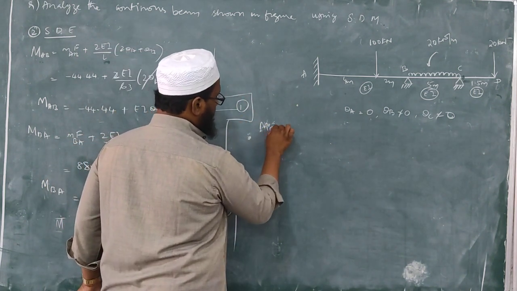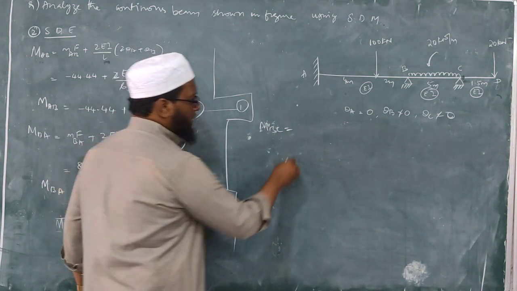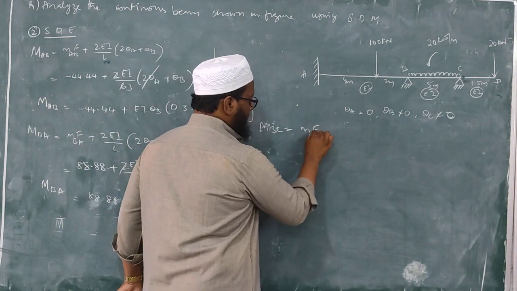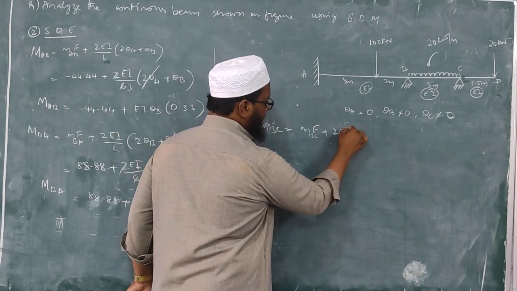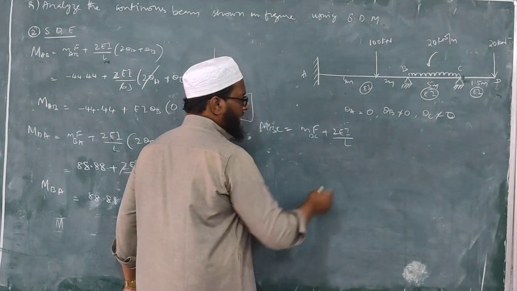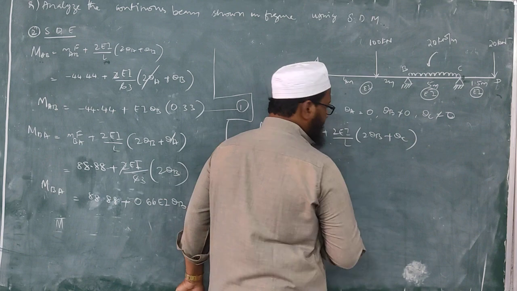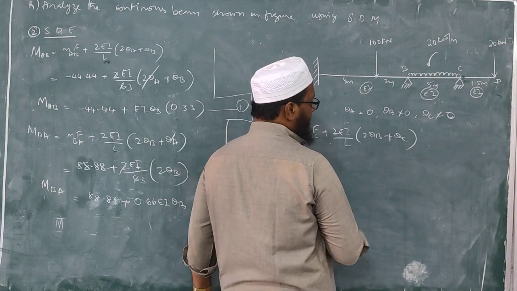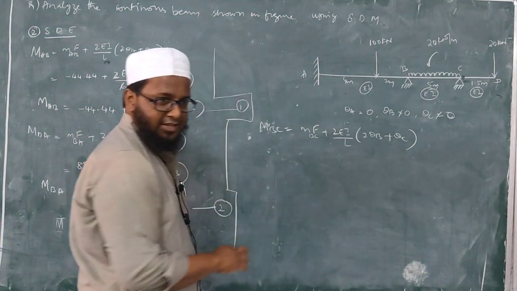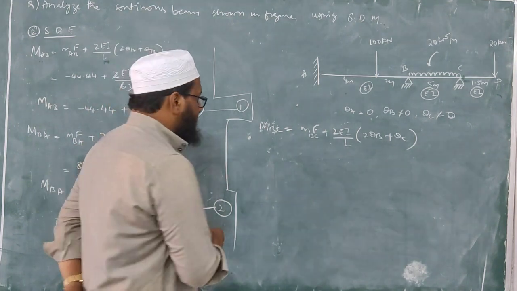So we can go for another part, that is MBC. MBC is equal to MFBC plus 2EI by L into 2 theta B plus theta C. What about theta B and theta C? They both exist; they don't become 0 here.